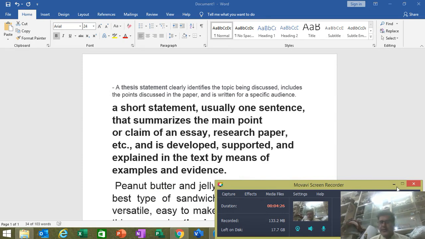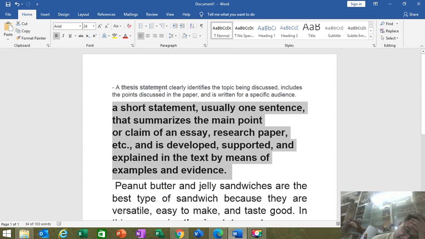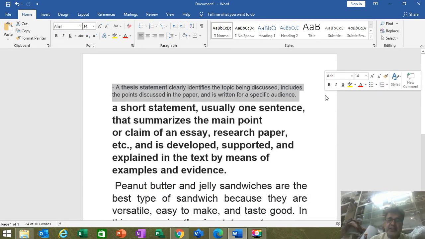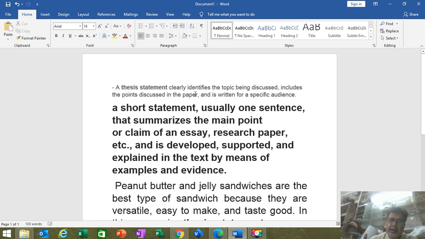My dear students, first let me define what a thesis statement is. Here you can see a thesis statement clearly identifies the topic being discussed, includes the points discussed in the paper, and is written for a specific audience. Or we can say it is a short statement, usually one sentence, that summarizes the main point or claim of an essay, research paper, etc., and is developed, supported and explained in the text by means of examples and evidence.